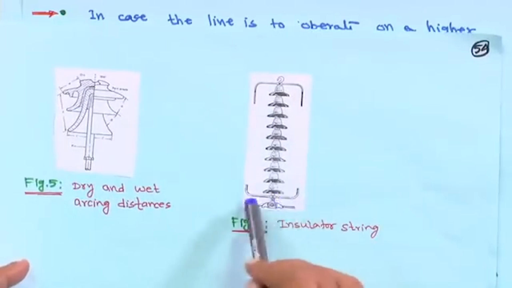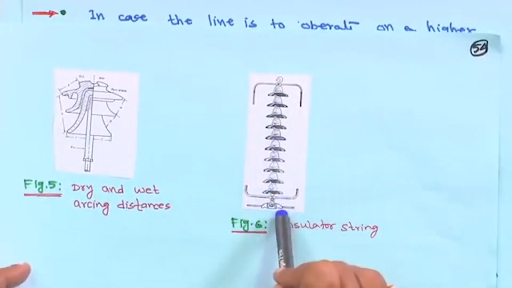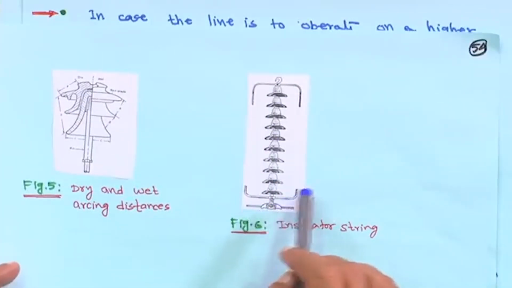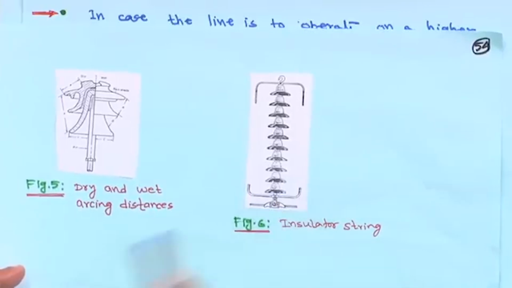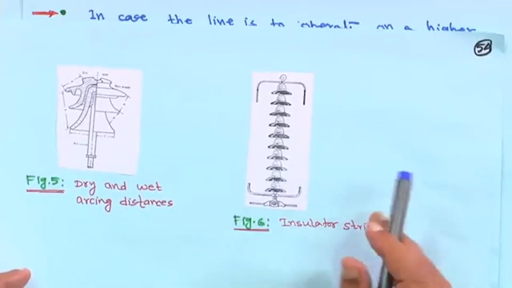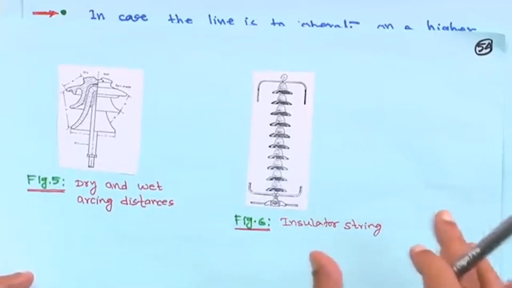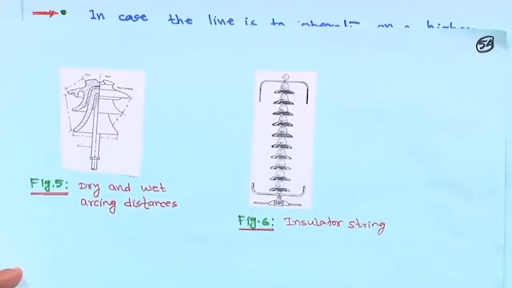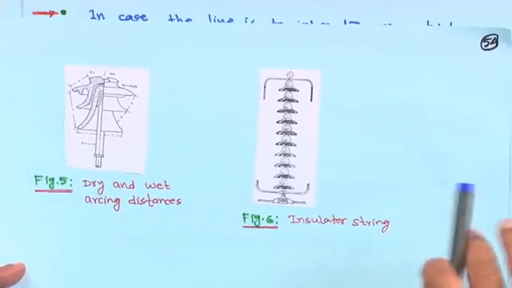Even if there is a strong wind or storm, the string will swing, but the distance between the two towers is designed for how long it should be.